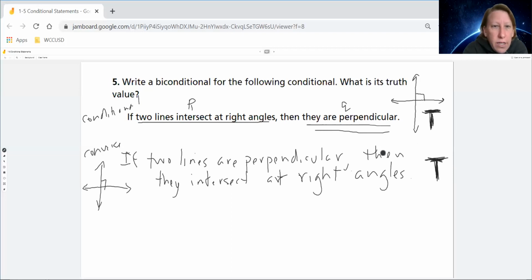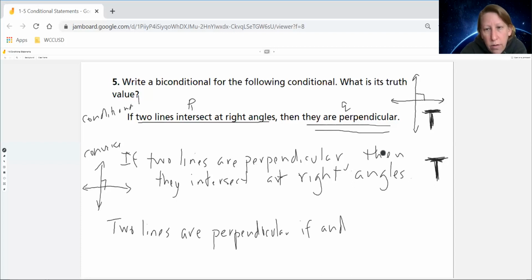So we would say two lines are perpendicular if and only if, and only if. And the shortcut way to write that is if with two F's. Some textbooks use that.